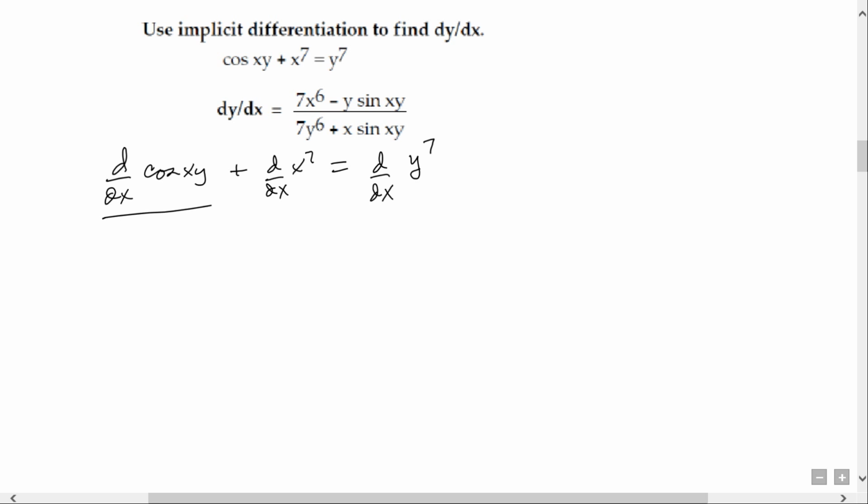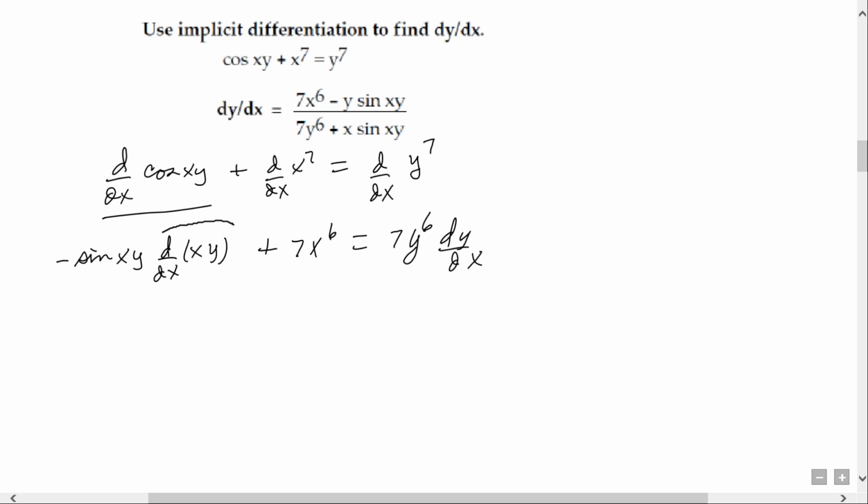Taking d dx of cosine of xy, that would be minus sine of xy times d dx of xy. That's the chain rule. Then d dx of x to the 7th is 7x to the 6th, and d dx of y to the 7th happens to be 7y to the 6th times dy dx.